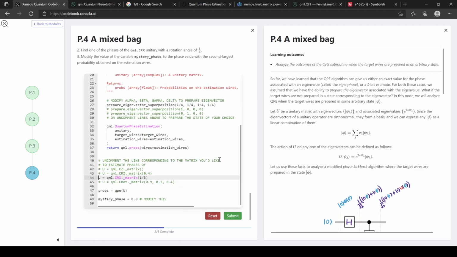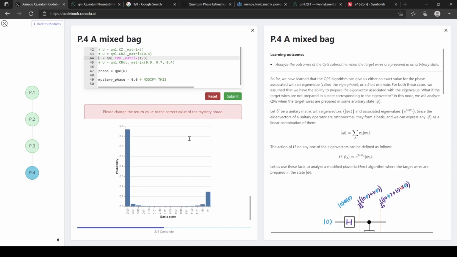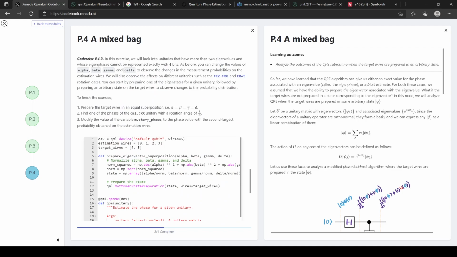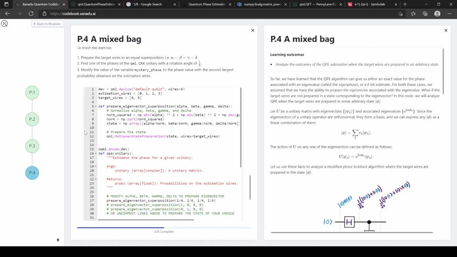Modify the value of mystery phase to the phase with the second largest probability. Mystery phase is, is this supposed to be the phase or the probability? Phase value.